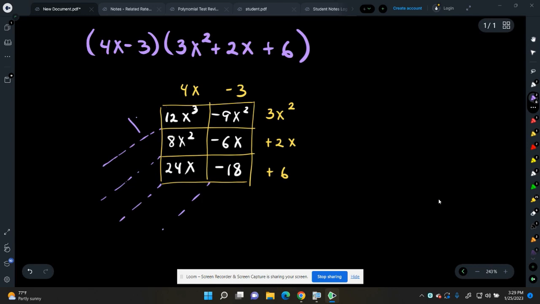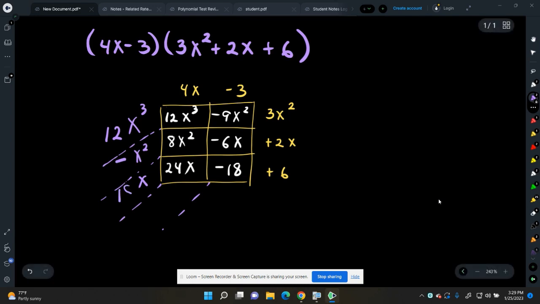Here we have our x to the third, x squared, x, and this one doesn't have an x. So here we have 12x to the third. The x squared, we have negative 9x squared plus 8x squared, so that's negative 1x squared. Here we have negative 6x plus 24x.